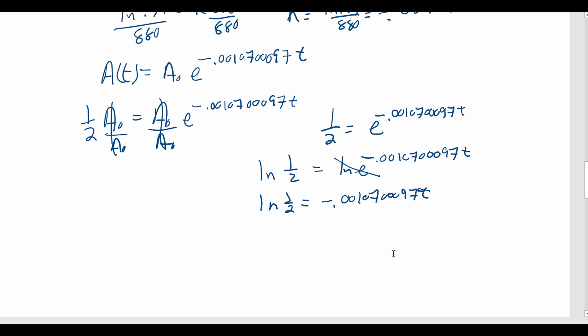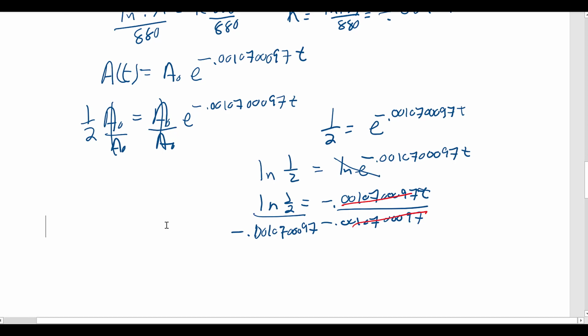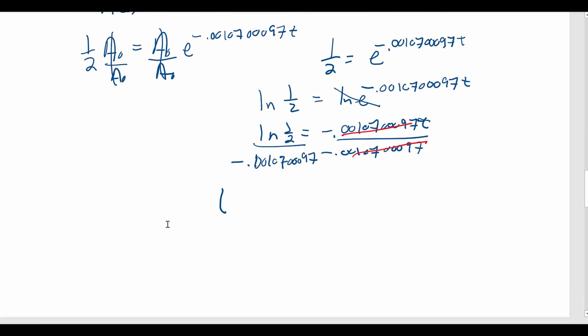And we're solving for t, so I'll divide by the negative 0.00107 00097. Okay, so these divide out, and we end up with our t, and put this all in the calculator. And I saved that value.